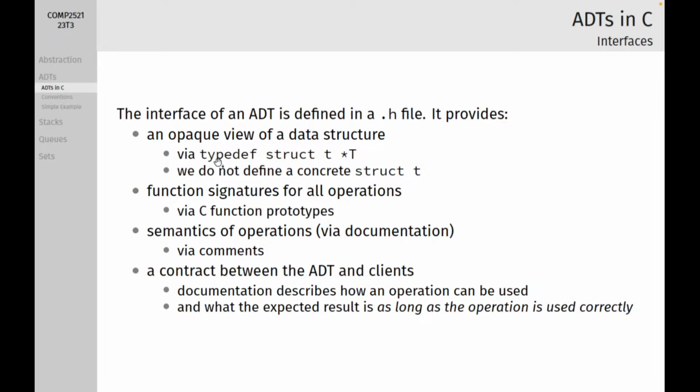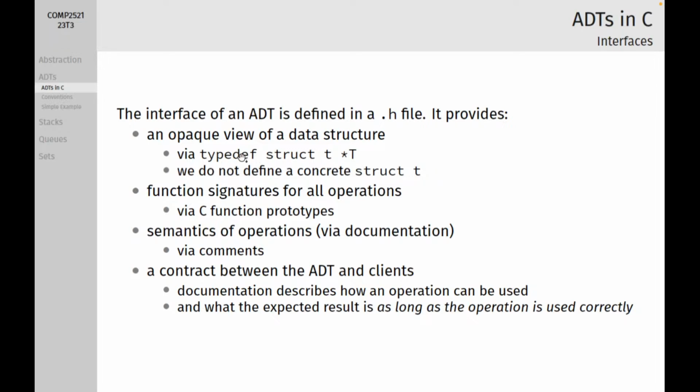So typedef struct T star, capital T. The T's will be replaced with the name of the actual ADT. But remember what typedef means. Typedef lets us give a type a new name.